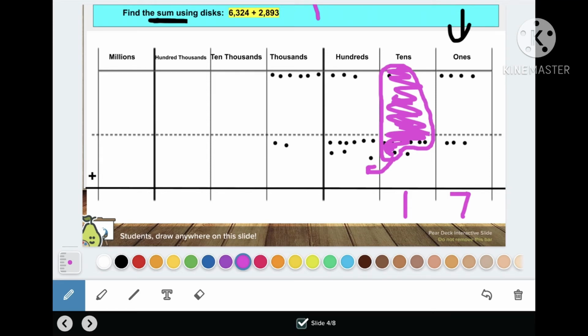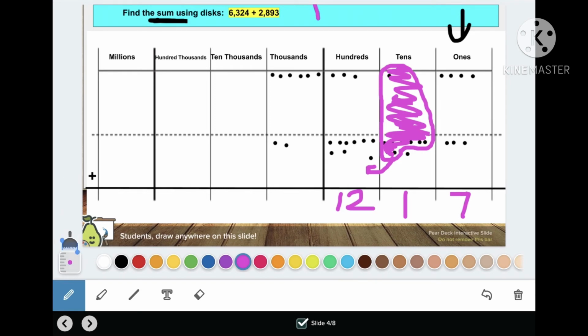So now let's move on to the hundreds. Let's keep combining our hundreds now. I have 3 hundreds plus 1, 2, 3, 4, 5, 6, 7, 8, 9 hundreds. What's 3 hundreds plus 9 hundreds? That's right, 12 hundreds.